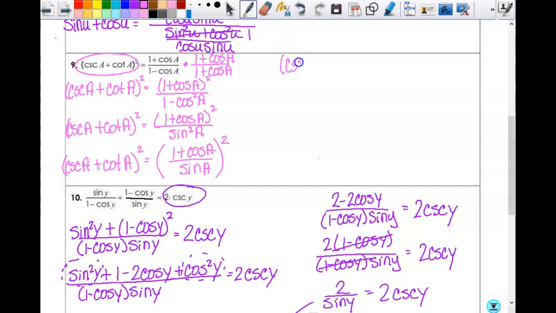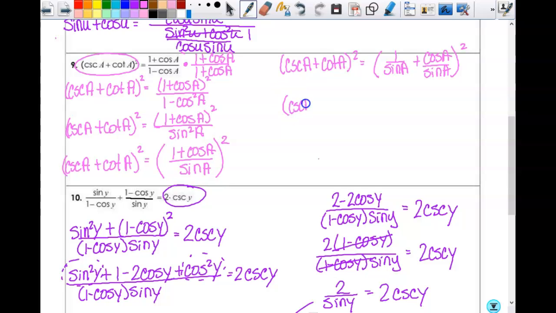So I get cosecant A plus cotangent A squared equals, then this is going to be 1 over sine A plus cosine A over sine A, quantity squared.